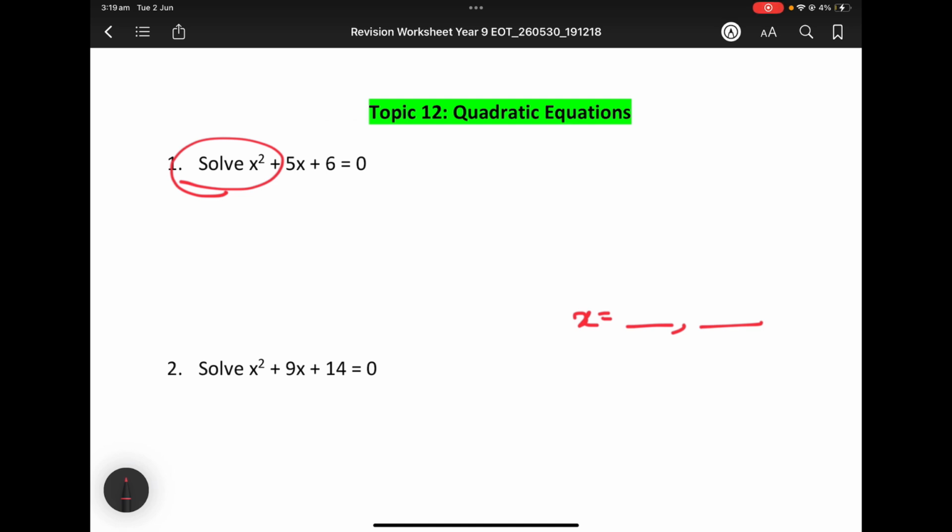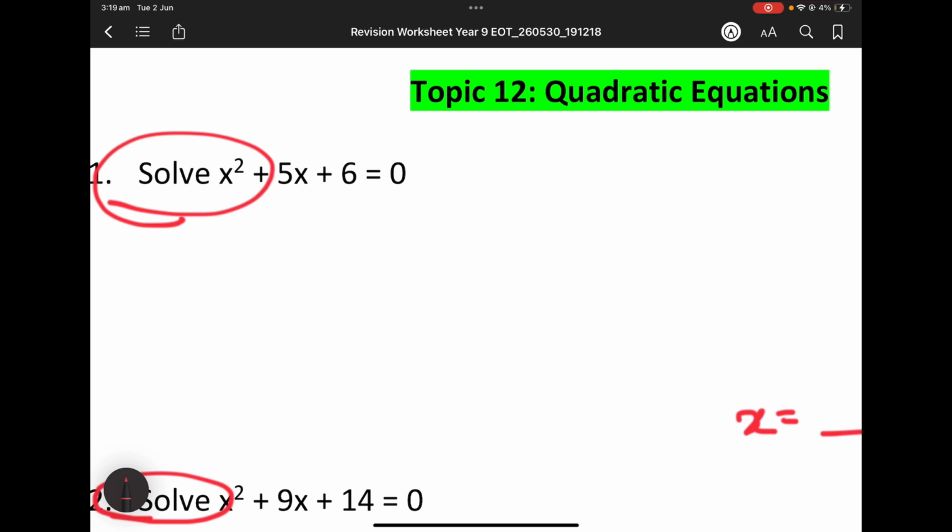Wherever you see this word solve, that means you have to find the value of x, as I've told you already. Now I am going to start solving it.